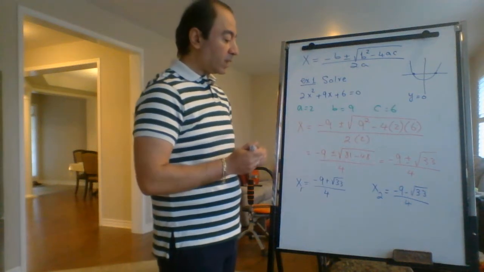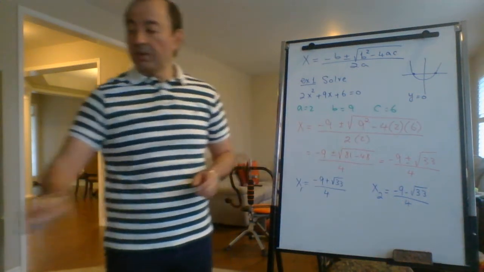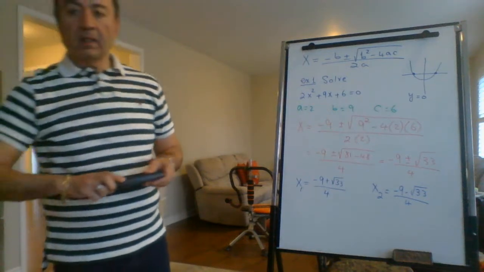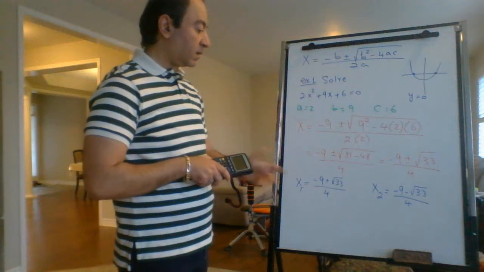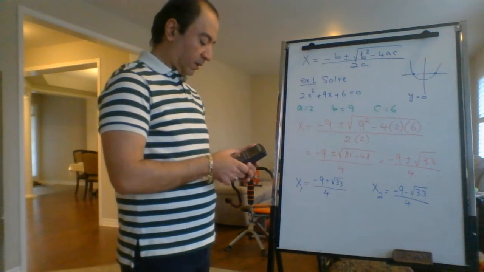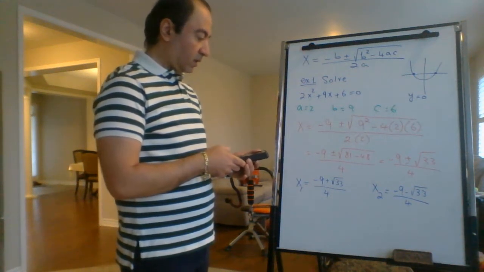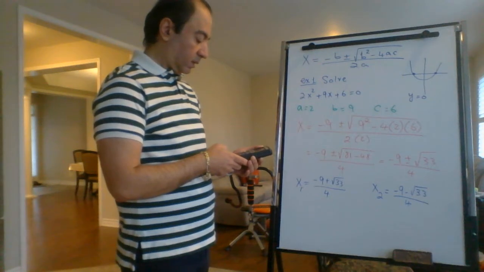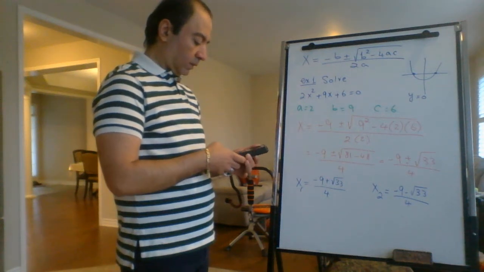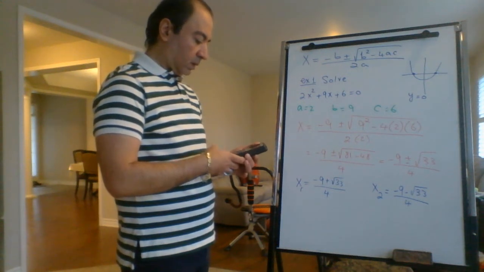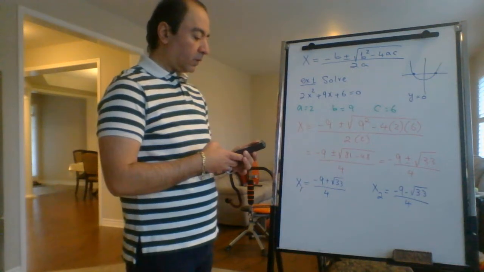If we use a calculator to find the square root of 33, we can approximate this. It will not be accurate, it will not be exact, but it will give us a decimal answer. So, square root of 33 equals 5.7445.